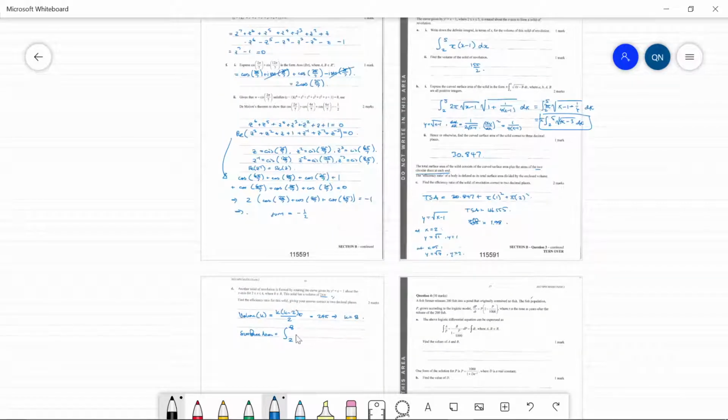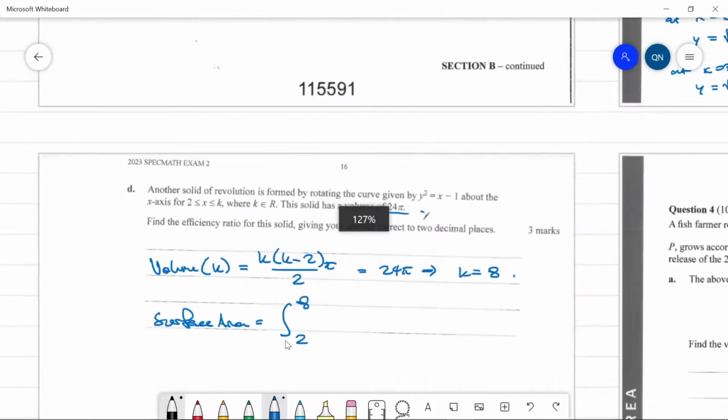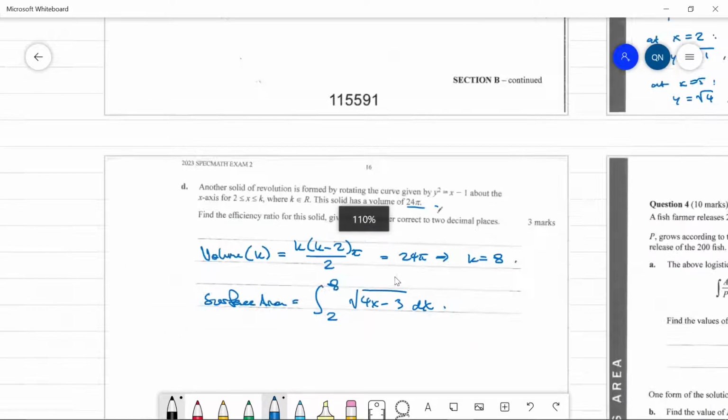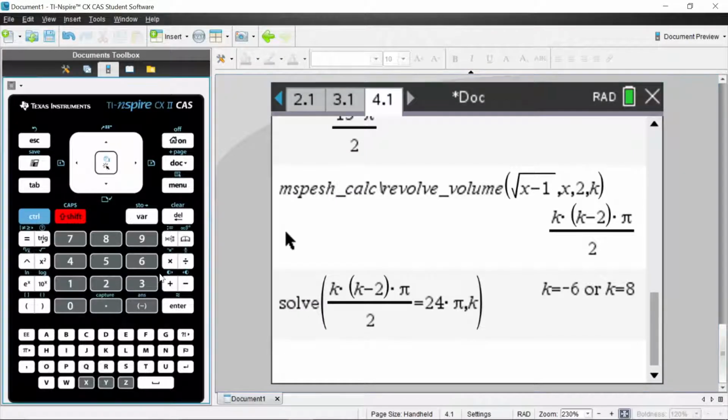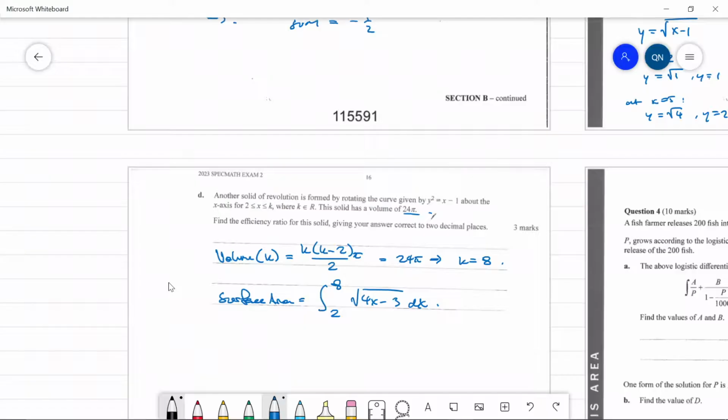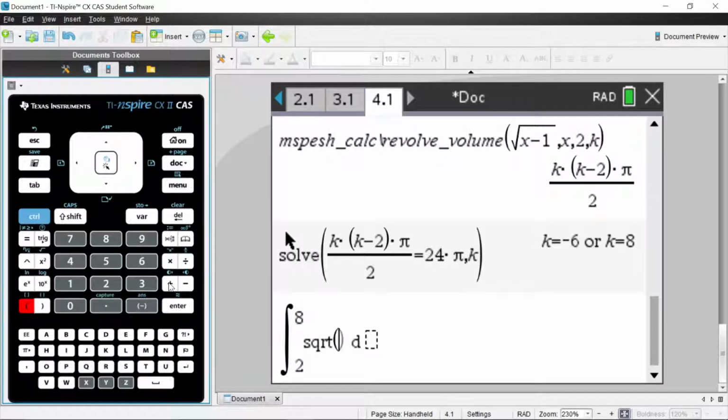So that's the square root of 4x minus 3 dx. And then we're just going to calculate. So we do the integral from 2 up to 8 of square root of 4x minus 3 dx.